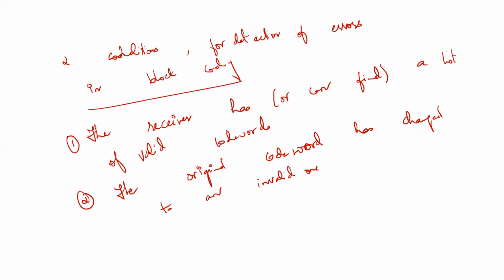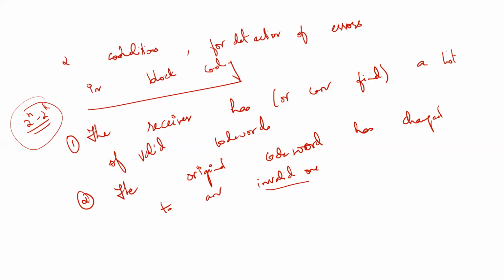So suppose we have these 2 power n minus 2 power k valid ones, the receiver should have this list, and also the original one should be changed to an invalid one. Then only will the receiver be able to detect the errors in the data transmitted.